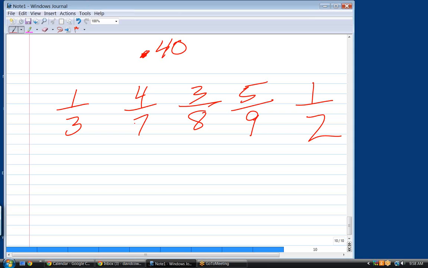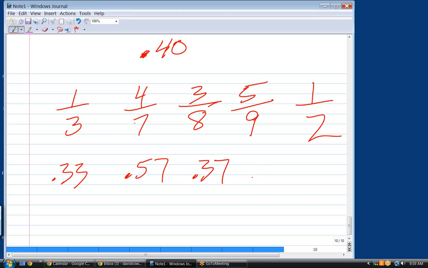Only way to really do the problem correctly, though, is to convert these fractions into decimals. So let's use the calculator. What's 1/3? 0.33. What's 4/7? 0.57. What's 3/8? 0.37.